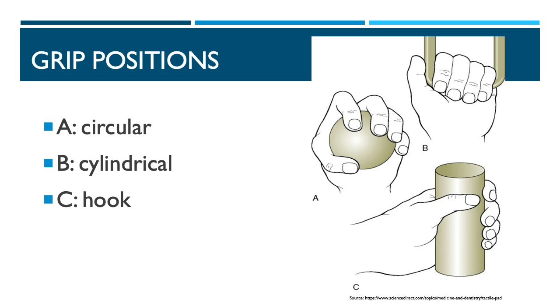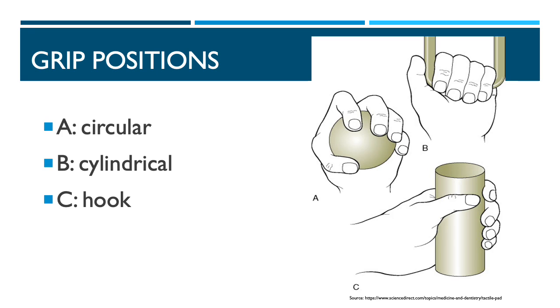So you can see there's a circular pattern like you're holding a ball, cylindrical like you're holding a tube that right now looks like an empty toilet paper tube, so very valuable. And then in that top picture, you can see the hook position. So like you're holding on to, I guess, the handle of the CTA bus, or like you're pulling open a door. Something like that would be a hook position.